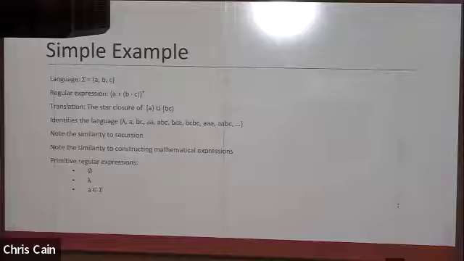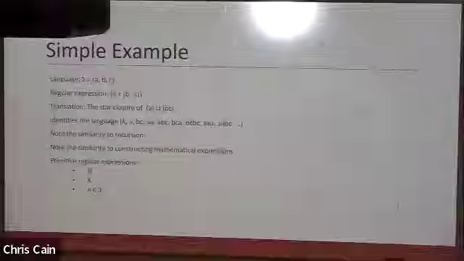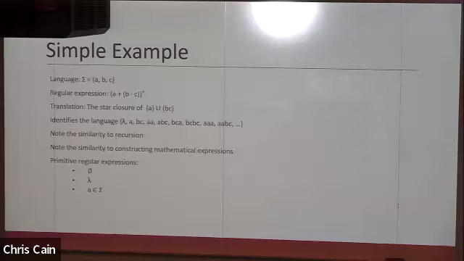combine these in some way with the associated operations of star closure, union, and concatenation with parentheses to override that order of operations. And using those tools, we can construct regular expressions for any regular language. If you could draw a DFA that represents a language, there exists a regular expression that maps to that.